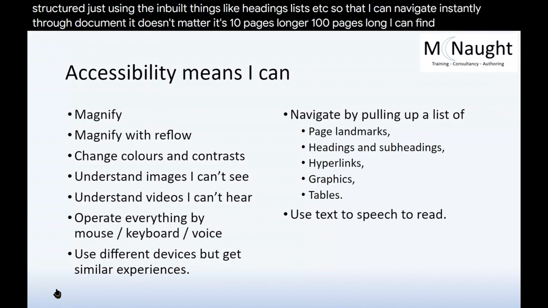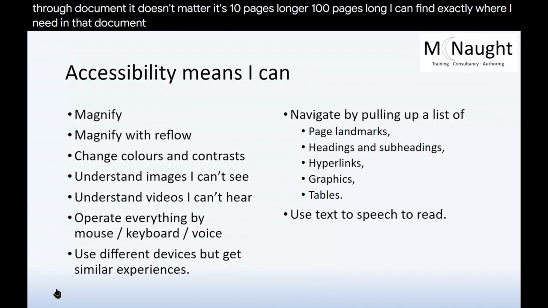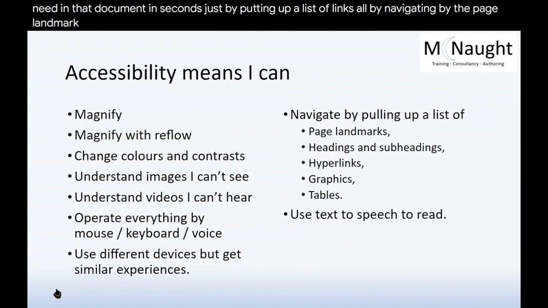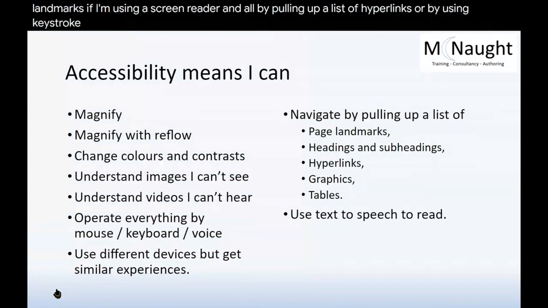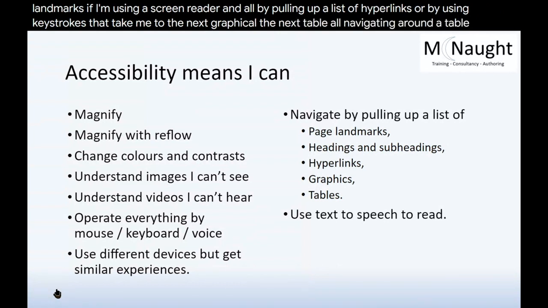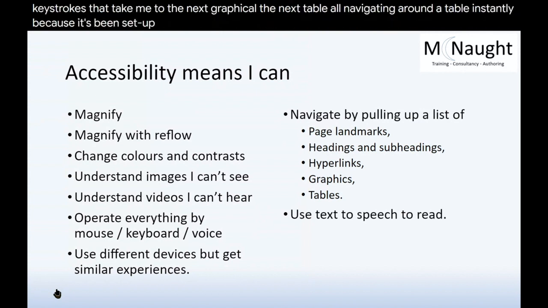I can find exactly where I need in that document in seconds just by pulling up a list of links, or by navigating by the page landmarks if I'm using a screen reader, or by pulling up a list of hyperlinks, or by just using keystrokes that take me to the next graphic or the next table, or navigating around a table instantly because it's been set up in such a way that it's very easy for me to orientate where I am.